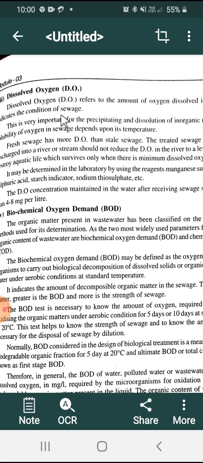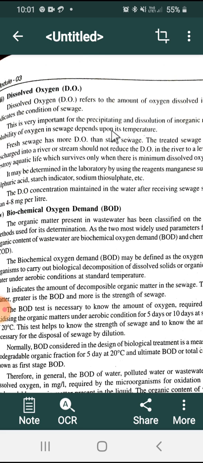In fresh water, that is drinking water from the tap, it may be rich in dissolved oxygen. If you take fresh water, it usually contains up to 8 milligram per liter, depending upon the temperature and the time when you are going to test.